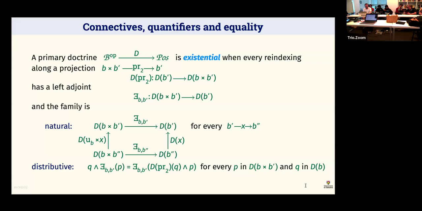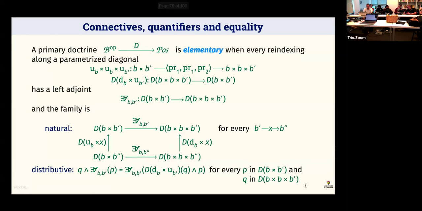In fact, I'm essentially following Pitts' presentation in the Handbook of Logic in Computer Science, and there he tries to use naturality most of the time. That's the reason why you don't need it to be stronger.